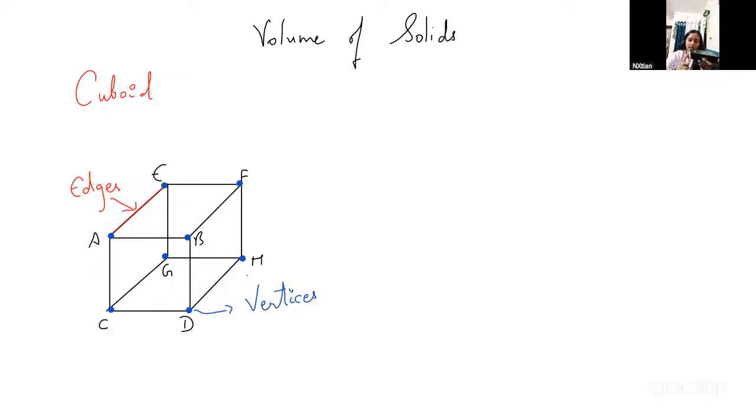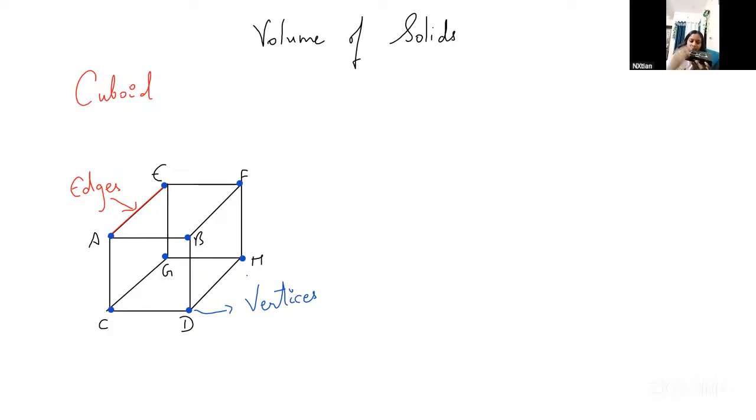This whole thing, the top thing, is known as a face. These are edges. And these corners are vertices.